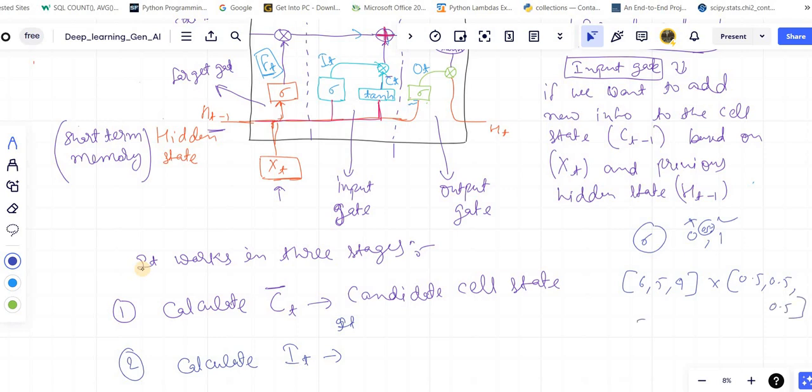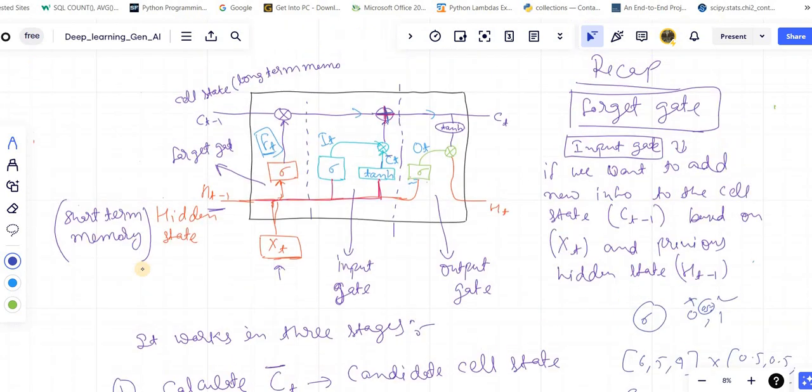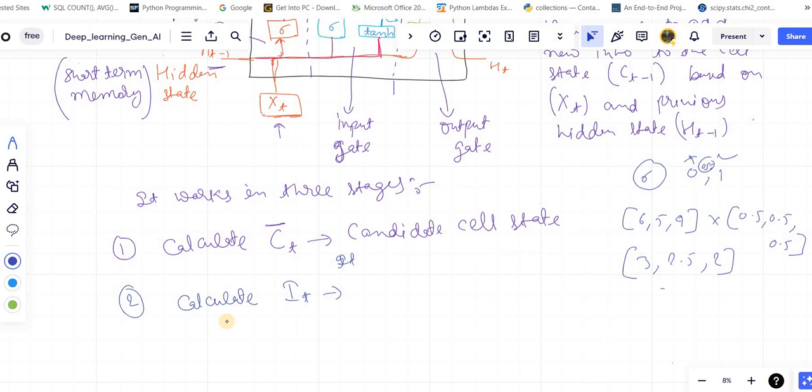So it will become 3, 2.5 and 2. This vector will become. So in both cases it is decreasing, but why am I saying this is the addition? Because if you see it here, I'm trying to add the matrix with the previous cell state Ct minus 1, and whatever vector of Ct minus 1 will come, in that I will add.